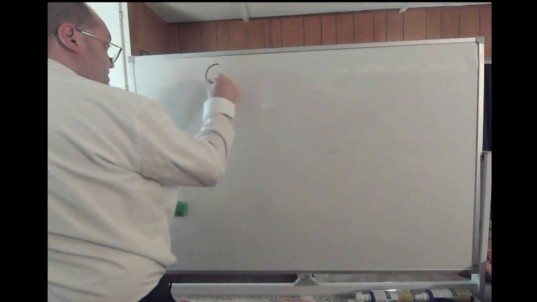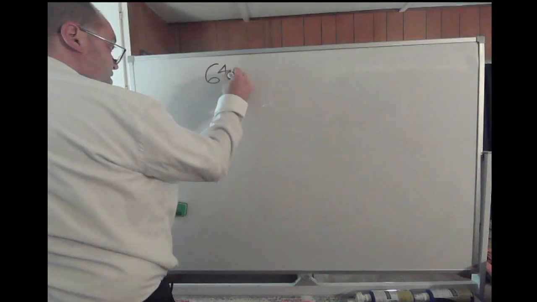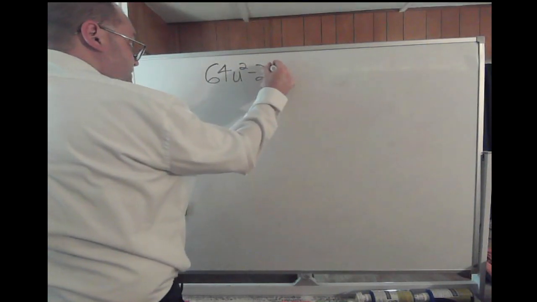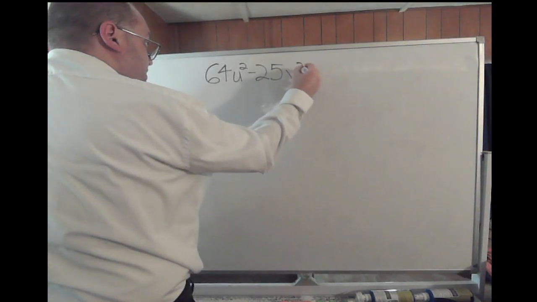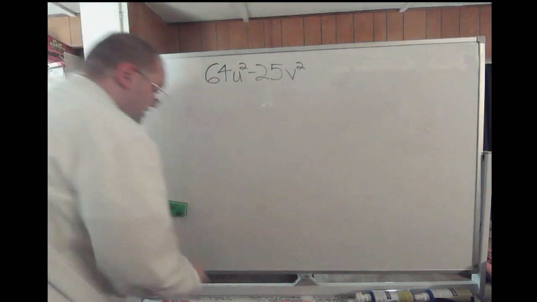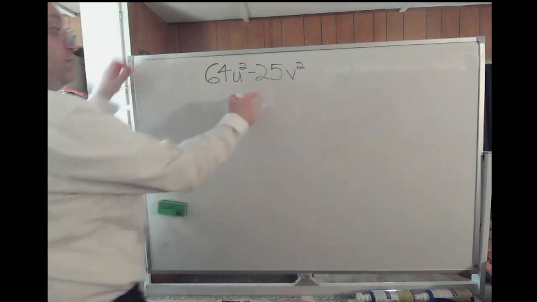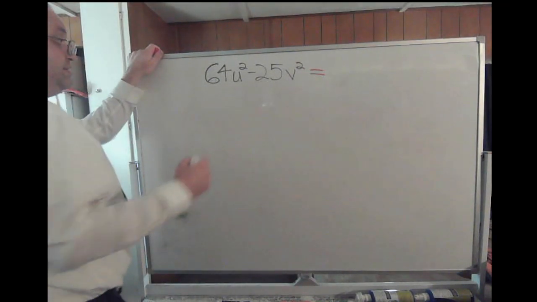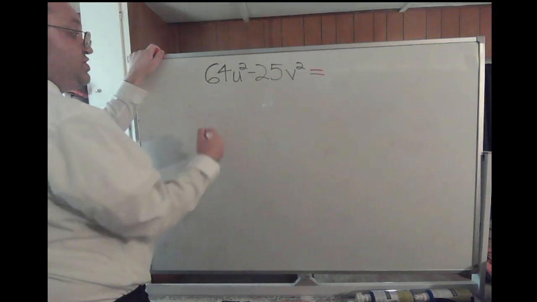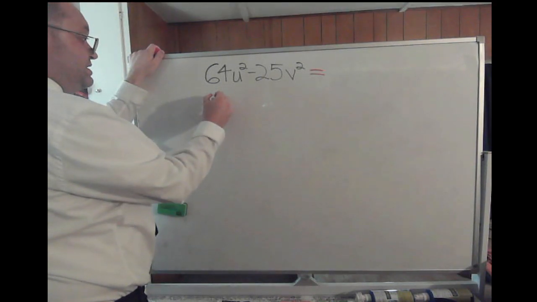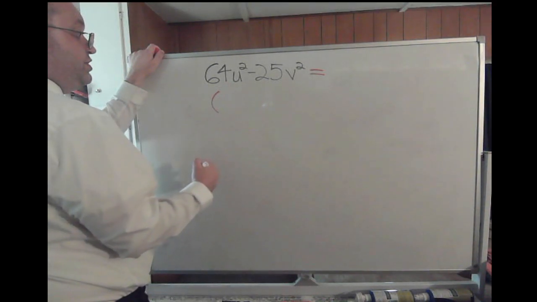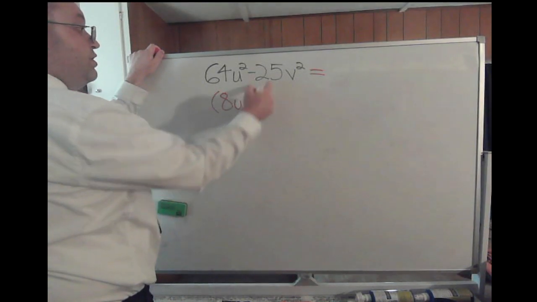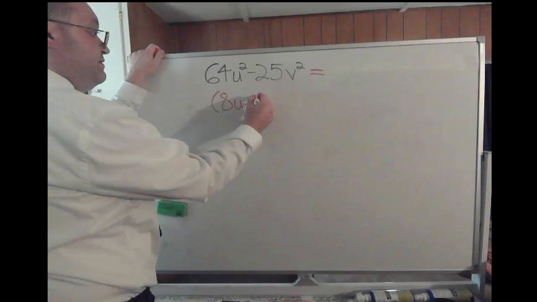Alright, 64u squared minus 25v squared. So we have 64u squared minus 25v squared. Well, since 64u squared is the first term, the square root of that will remain positive. So the square root of 64u squared, well, that's 8u, plus the square root of 25v squared, that'd be 5v.